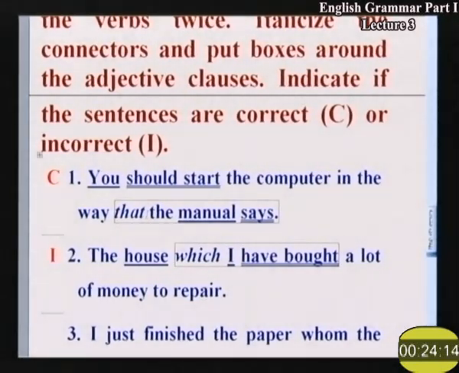It describes the noun that comes directly before it. So that the manual says: I have a noun and a verb, and before them a connector. This is an adjective clause that qualifies the word way. You should start the computer in the way the manual says, the manual being the booklet that comes with any machine and gives instructions for operating it. So this sentence is correct.